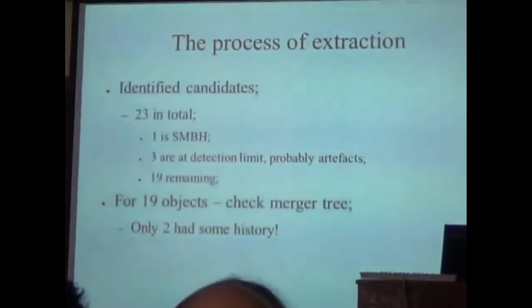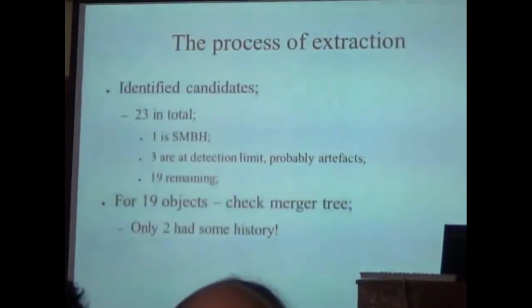But the 19 which were remaining were compact objects which had enough resolution in particles and information, especially information from the previous snapshot. So checking the merger tree, it showed that only 2 objects had previous history in the merger tree.